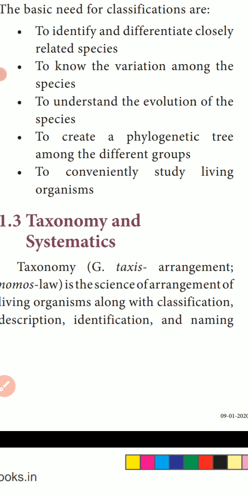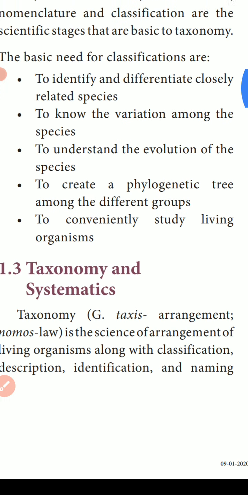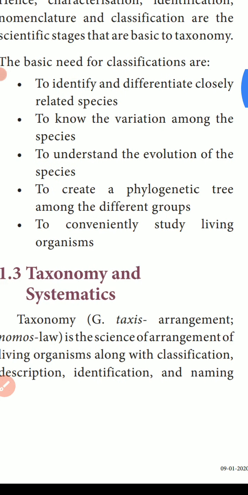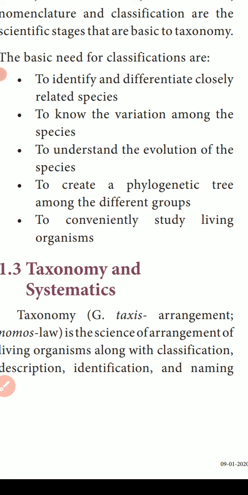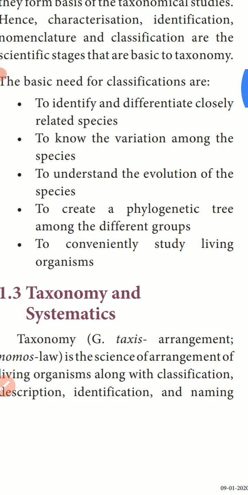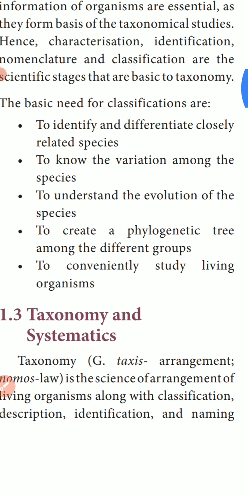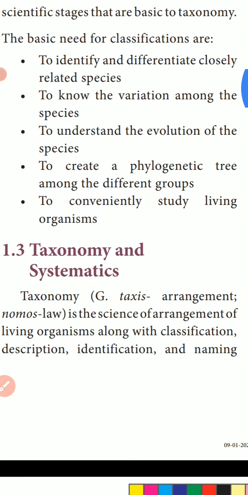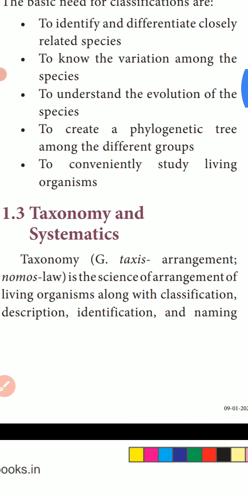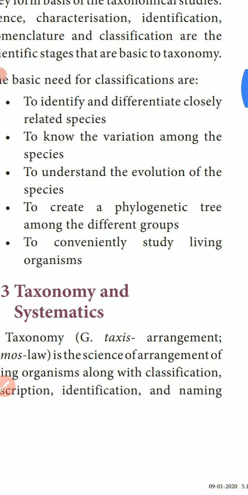Archaeopteryx is a flying bird which came from reptiles. From the reptile, it modified and got wings. So the Archaeopteryx evolution from reptiles, we have to draw as a tree, as a chart. That is what we call a phylogenetic tree among the different groups. The next point is to conveniently study living organisms. So these are the basic needs for classification.